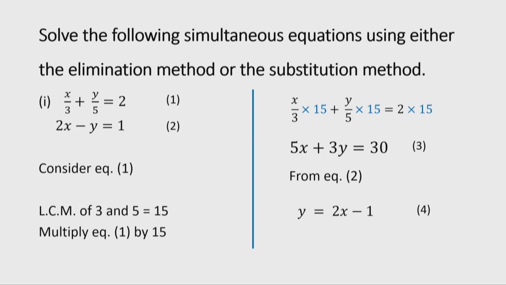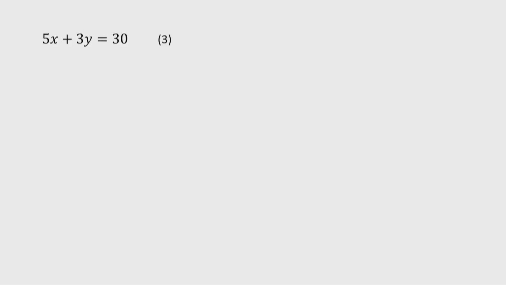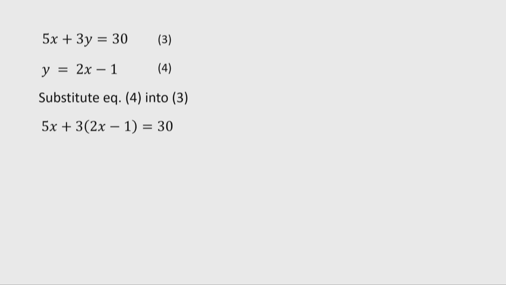So I will now substitute equation 4 into equation 3. Here is equation 3 and equation 4 as well. Replacing equation 4 into equation 3 will give me 5x plus 3 times (2x minus 1) equal to 30.